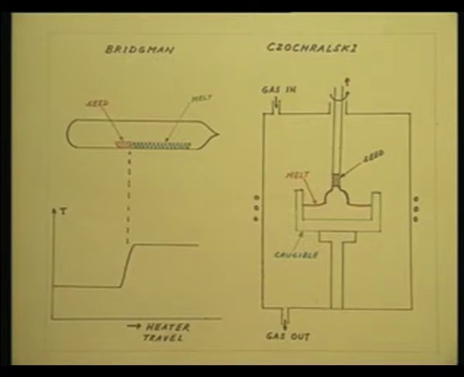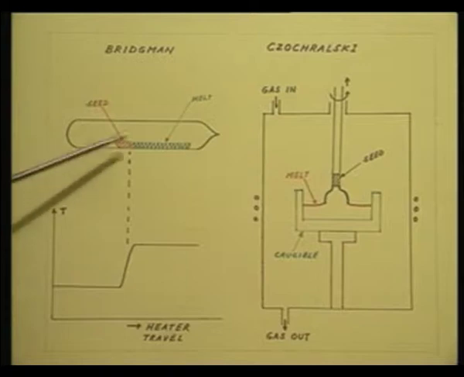In this boat a seed crystal, a small single crystal is placed, and the rest is filled with the charge. What do I mean by charge? I mean the high purity silicon which is polycrystalline or powdered, that is called the silicon charge.